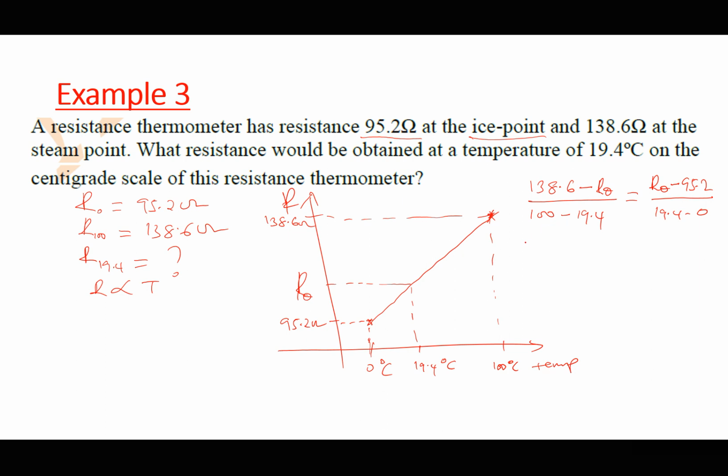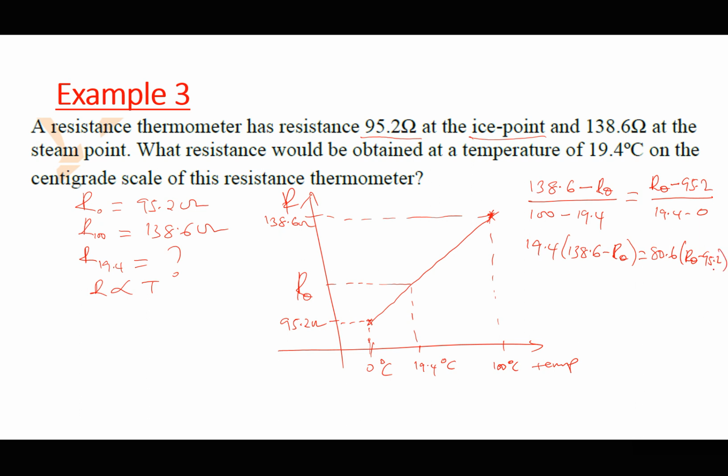So this will be 19.4 multiplied by 138.6 minus R theta. This should be equal to the other one, which is 100 minus 19.4, that is 80.6, into R theta minus 95.2.